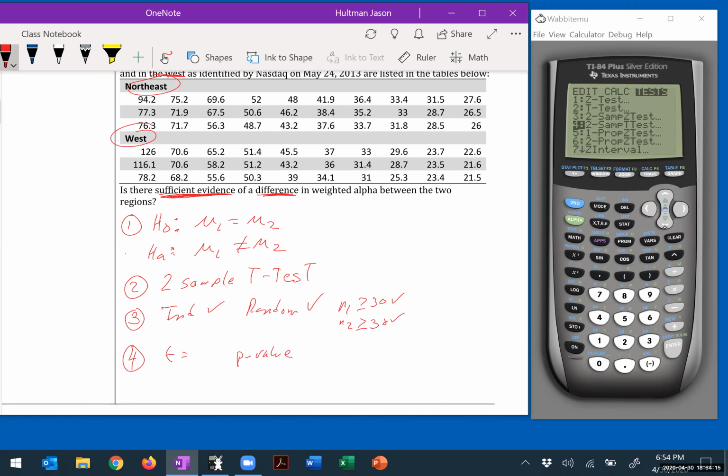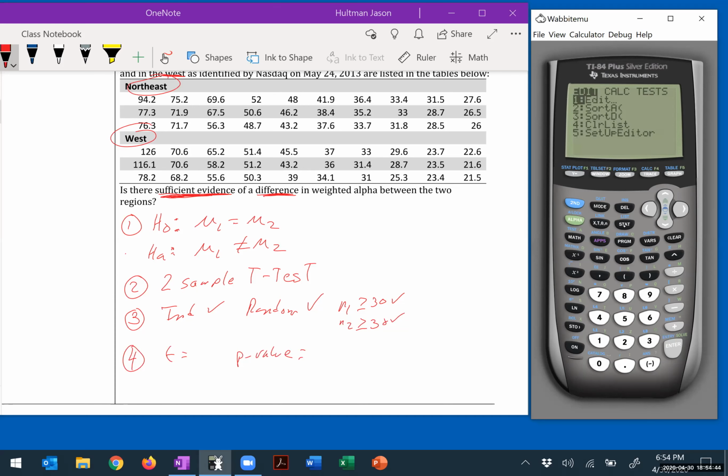Okay, so what's the t-score and the p-value? Well, we have 60 pieces of data here. So how are we going to calculate the t-score and the p-value on 60 pieces of data? Well, guess what? We have to input the 60 pieces of data into our calculator. Well, how do we do that?